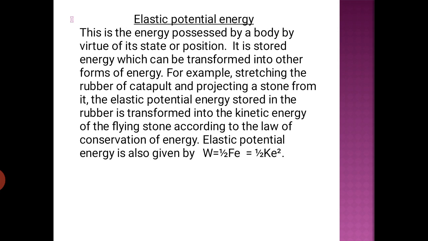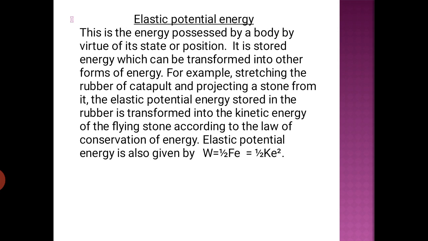For example, stretching the rubber of a catapult and projecting a stone from it. The elastic potential energy stored in the rubber is transformed into the kinetic energy of the flying stone according to the law of conservation of energy.